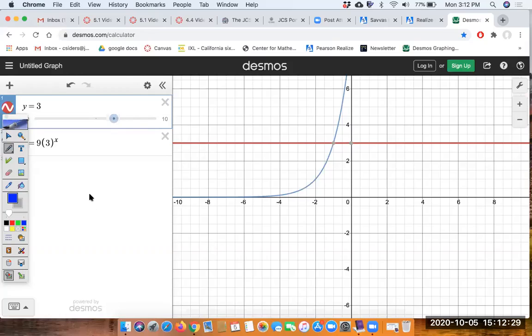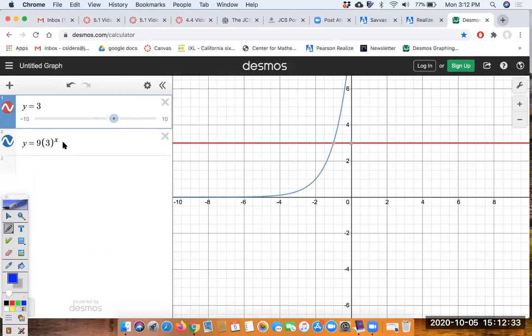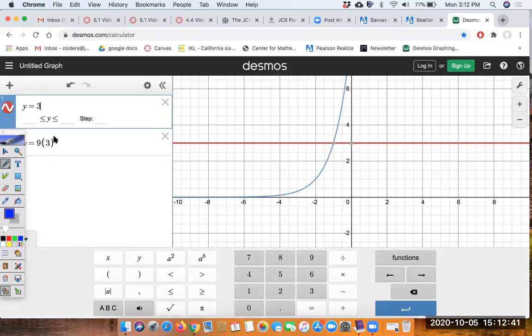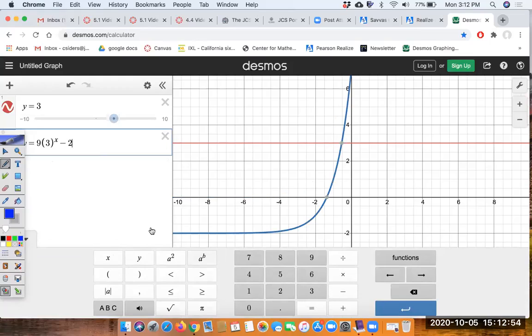Okay, I see the mistake I made. If you notice, the second equation I put in says x. It needs to be what? X minus 2. So we got to fix that. A to the power of b. And let's see if it works if I just put it in like that. Nope. Got to use parentheses.